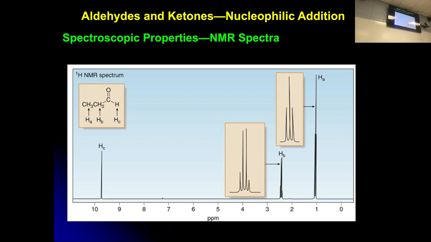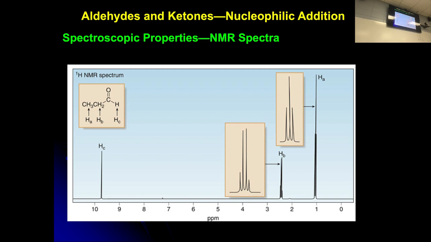So here's an example of a proton NMR spectrum for propanal, okay? HA, does it make sense that where HA is, there's HA, does it make sense that it's appearing right there at 1?